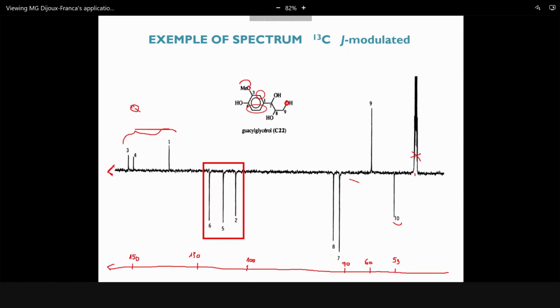And if I check the chemical shift also, carbon 3 and 4 are the most deshielded, and the less deshielded should be the last one, the carbon 1. Okay. So usually we combine all these experiments in carbon-13 to have a great number of information.